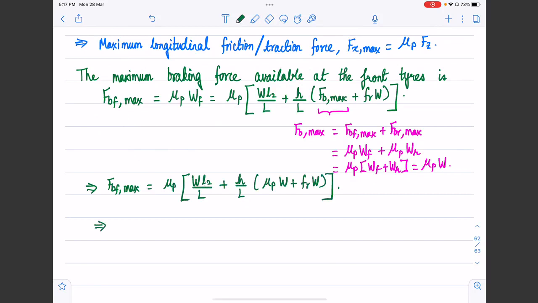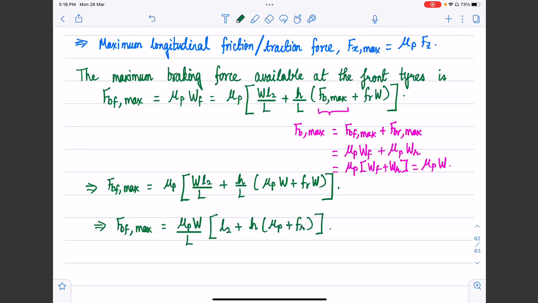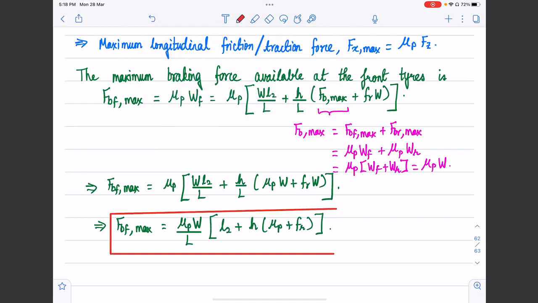Consequently, this FBF max one can write as mu P W by L times L2 plus H times mu P plus FR. So what have we done? We just have taken W by L as common, and then we have got this expression. So this is the expression for the maximum braking force available at the front tires. I hope it is clear.